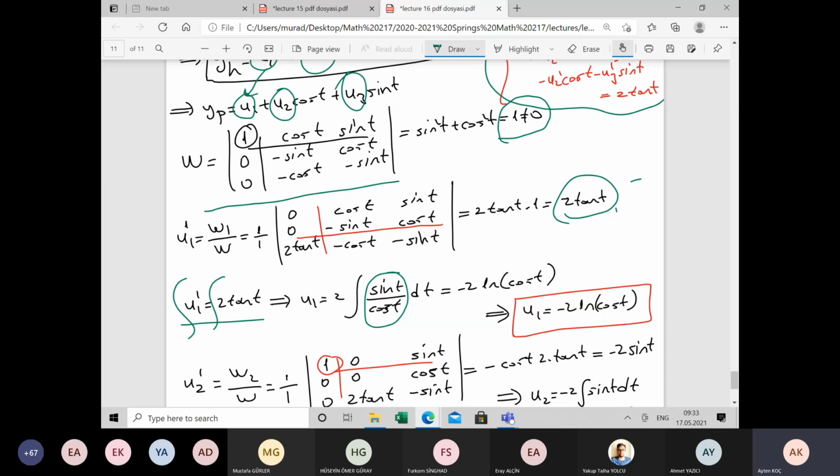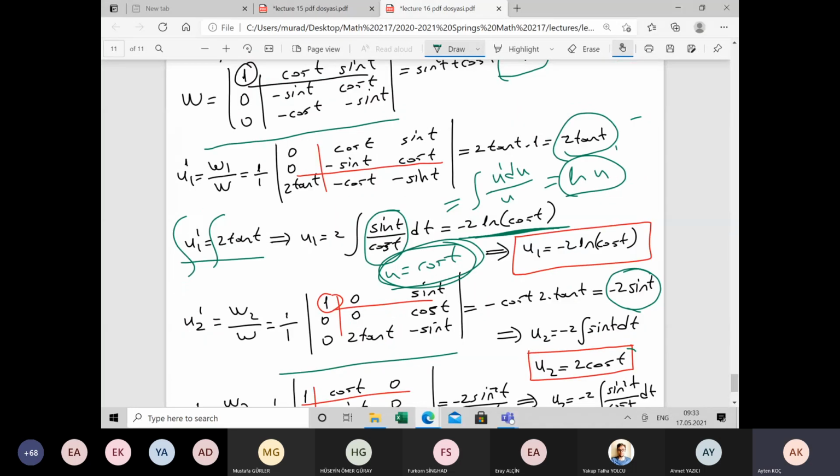Back substituting u is cosine t, so we obtain minus 2 ln cosine t for u1. And u2 prime is equal to minus 2 sine t, integrating both sides, we obtain u2 is 2 cosine t. u3, we obtain u3 is this one.